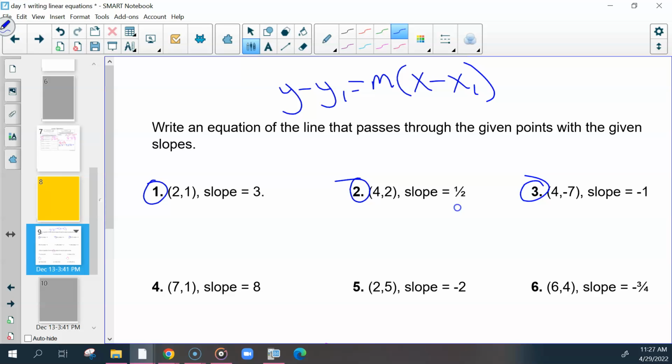So for an example like number 1, slope is our m, 2 will be our x1, 1 will be our y1, and we would put those 3 numbers into our formula and start to solve. The y and the x by themselves would stay the same. Y minus 1 equals 3 times x minus 2.